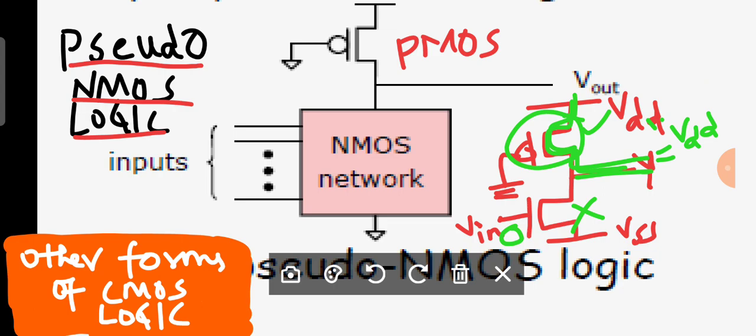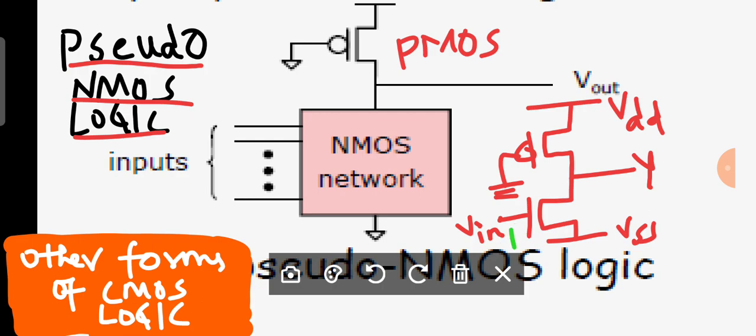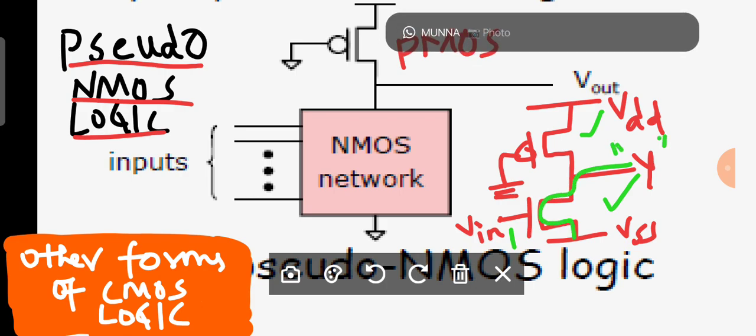Similarly, when Vin is equal to 1, what is happening there? Observe very carefully. When Vin is 1, this NMOS transistor turns on, and don't forget the PMOS is also in the on position. Therefore there is a path for the output to reach ground.